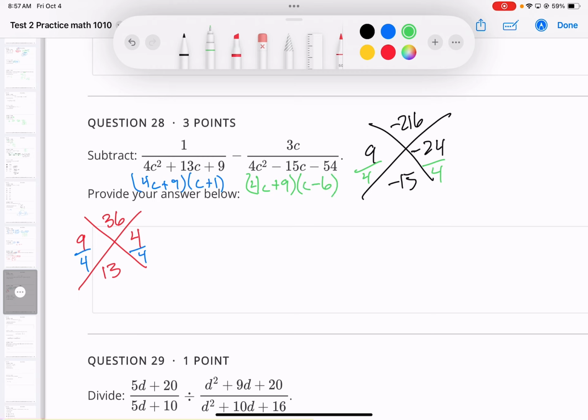Okay, so what am I timesing on the left-hand side? C minus 6. And then on the right-hand side, I'm going to go c plus 1.